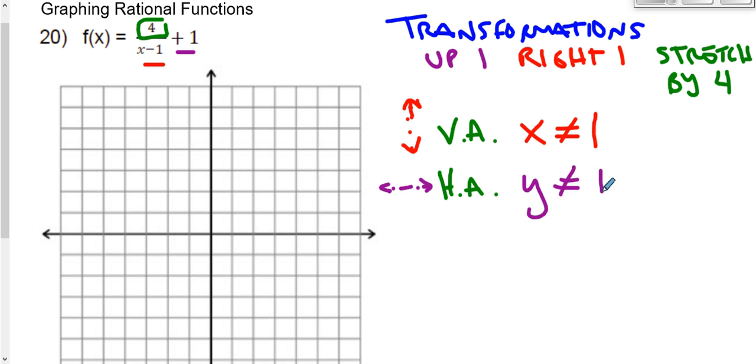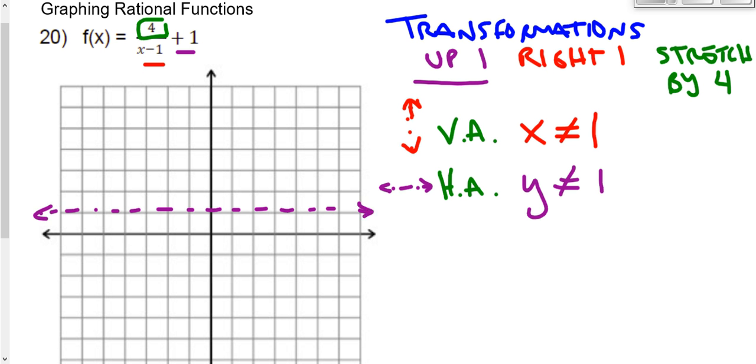Now all we have to do is start graphing, so I'm going to start by graphing this horizontal asymptote. It was at 0. That's where it is in my parent function. It has been moved up 1 spot, which means my horizontal asymptote now runs here. And we should graph it with a dotted line.